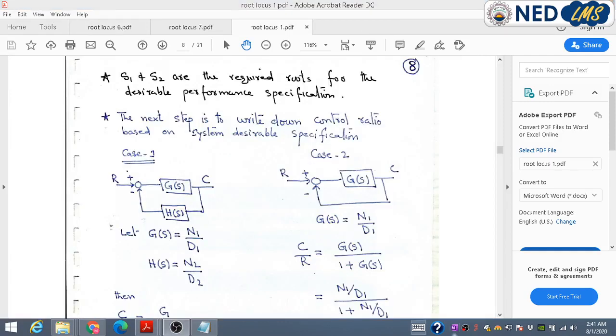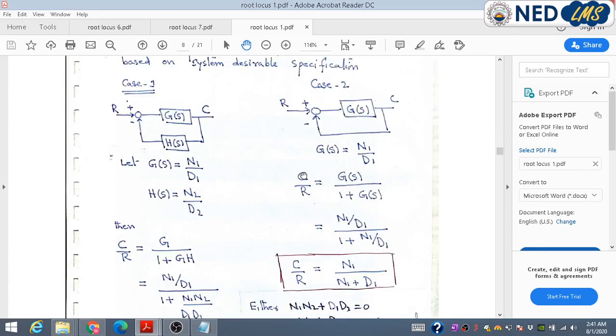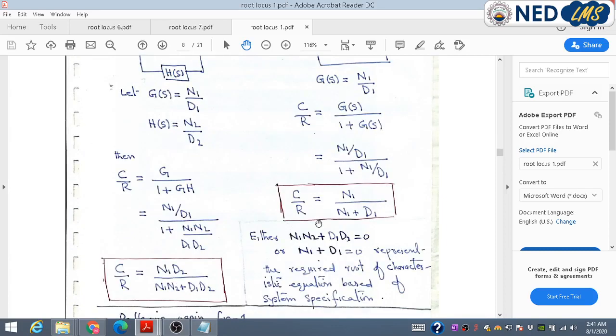We have already discussed this on page number 8 of the root locus document. If the system is of unity feedback, then its forward path transfer function can be written as G(s) equal to N1 over D1, and by placing this value in the control ratio, the final control ratio expression comes out to be N1 over N1 plus D1.